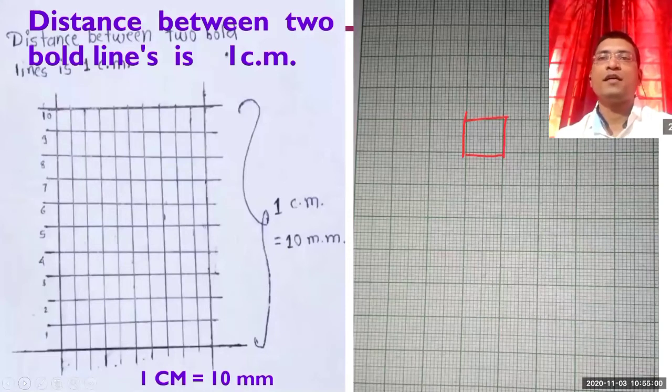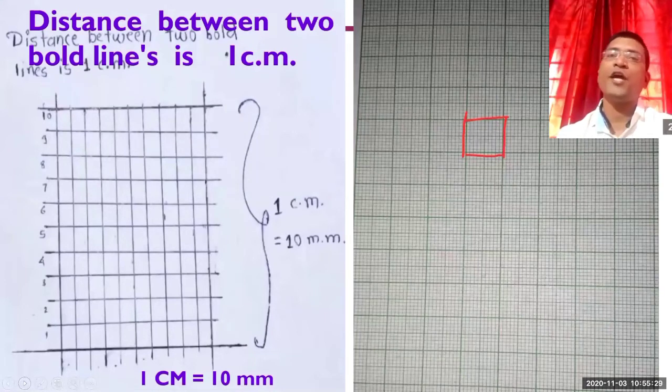You will notice on the graph paper that between two bold lines, small lines are drawn. If you count properly, you will notice 10 small lines between the bold lines, which help us draw numbers like 53, 54, 55, 57.